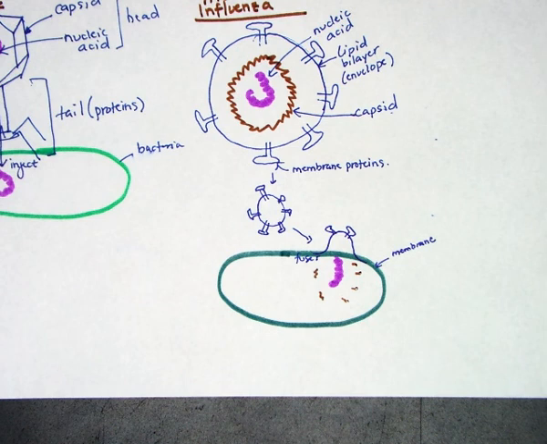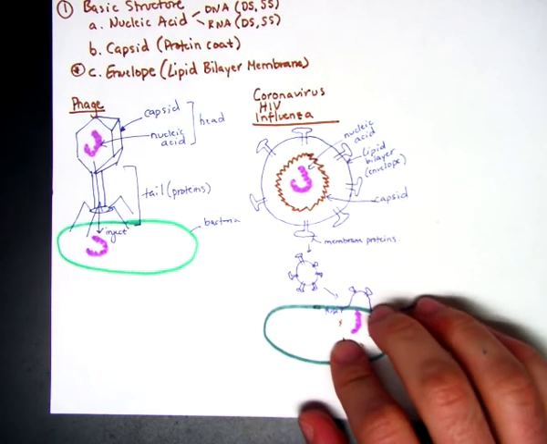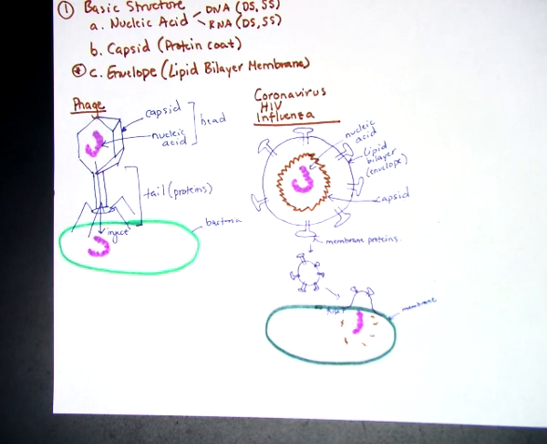So it's a little bit more efficient, right? It actually just fuses, and then when it replicates, it's actually going to be able to use the membrane of the host cell to fuse out and go into new viruses. So, two different types, one with an envelope, one without. Okay.